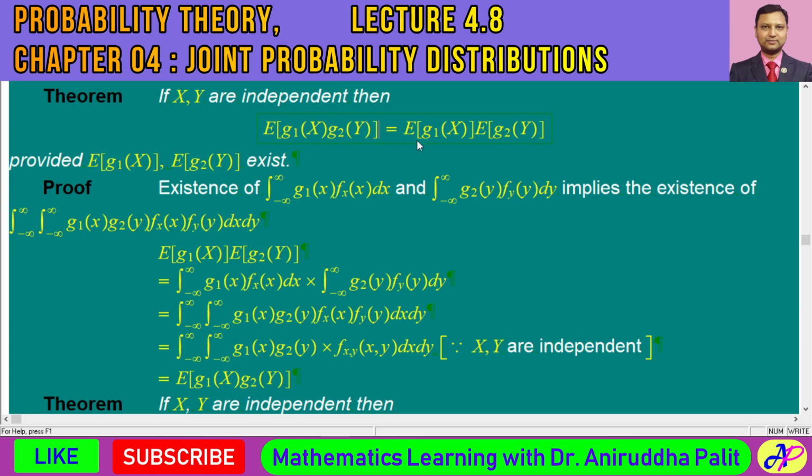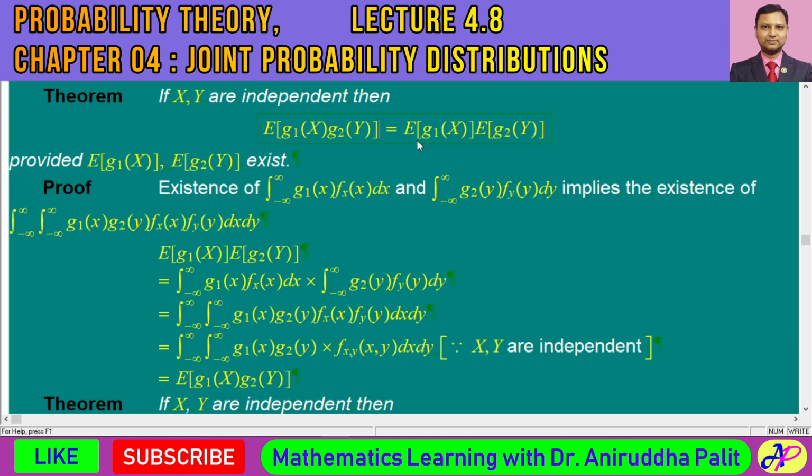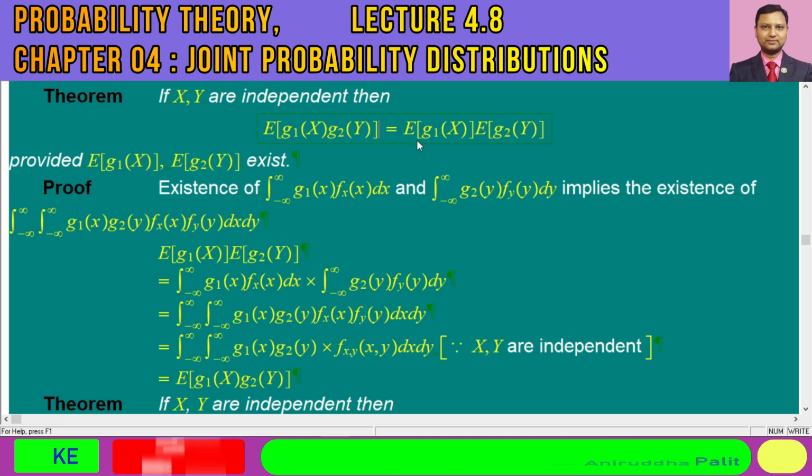So we start this result by considering continuous random variables.